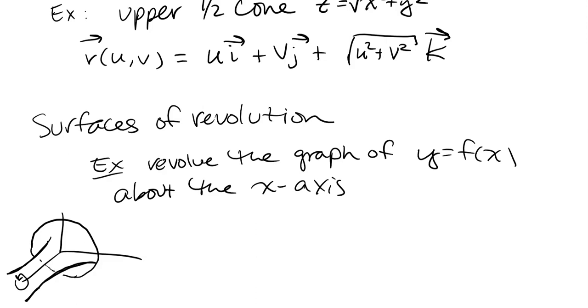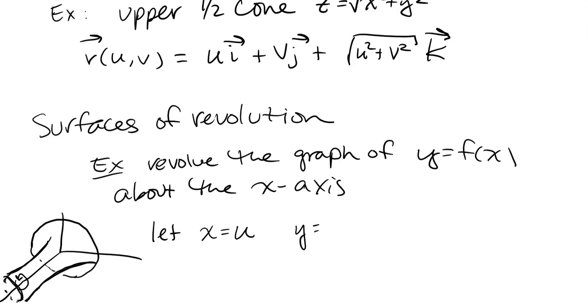We'd have it coming around the back, and this would have a circular part around here. So what we can see, these are types of surfaces we looked at back in Calc 2, for instance, so their cross sections are all circular. So what we could do then is let the axis we're revolving around be, in this case, the x-axis, so we could let x be u.